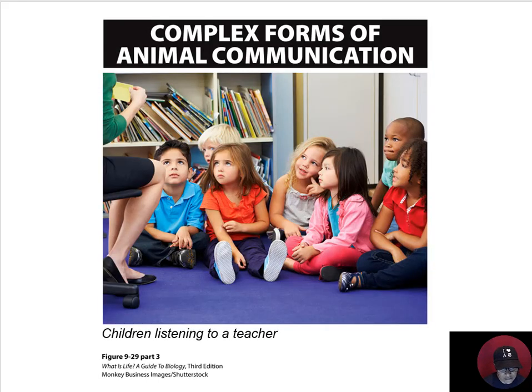And we're doing the same thing. We have these humans displaying these complex forms of communication, which we can read, right? When we look at these different children, you can make different interpretations as to what you think they are actually feeling. So when you look at this little individual, you may think that he is very engaged in what the teacher is saying.